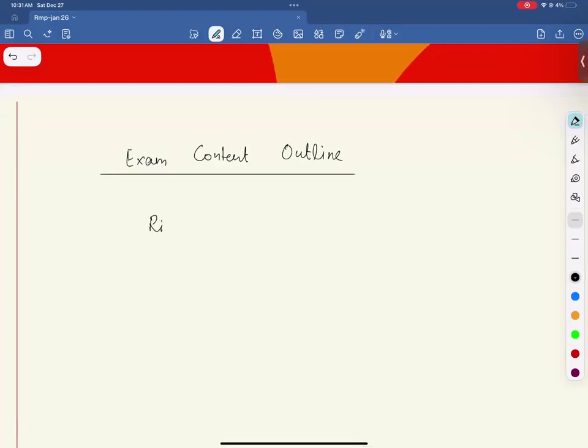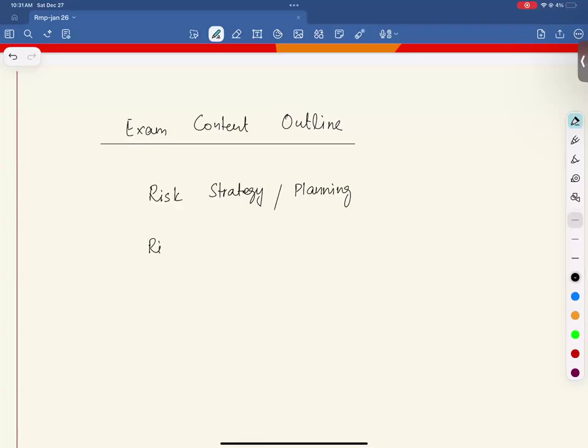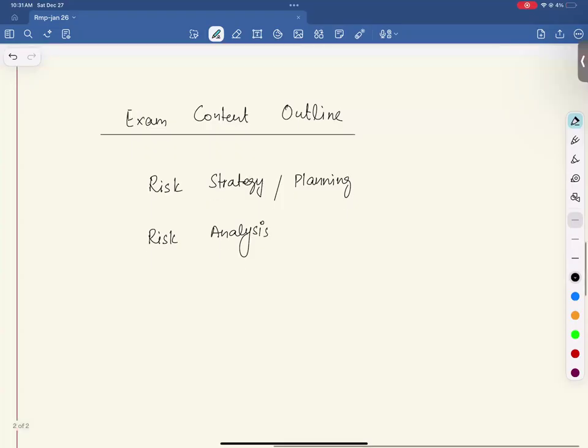First is risk strategy and planning. Then, sorry, I skipped one.